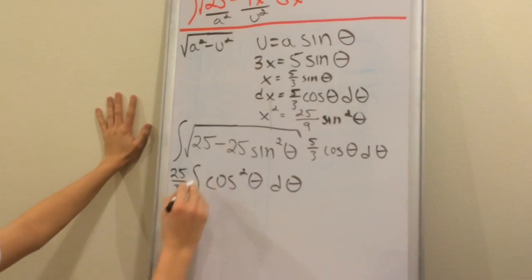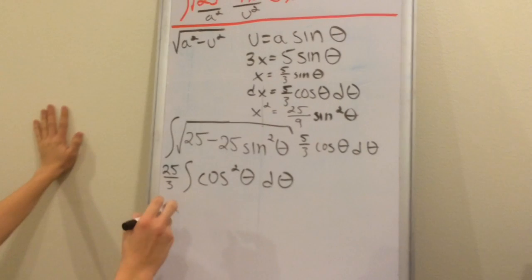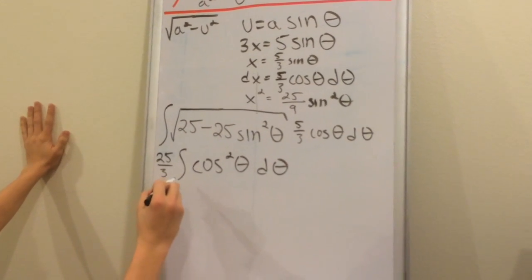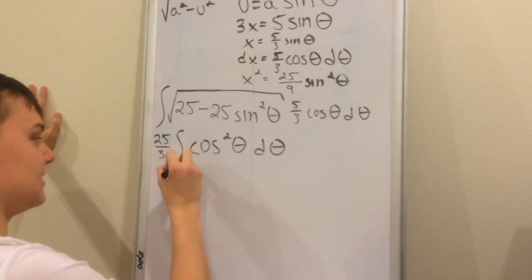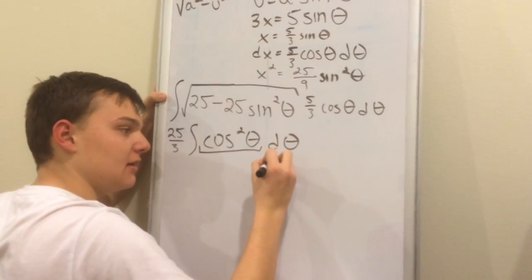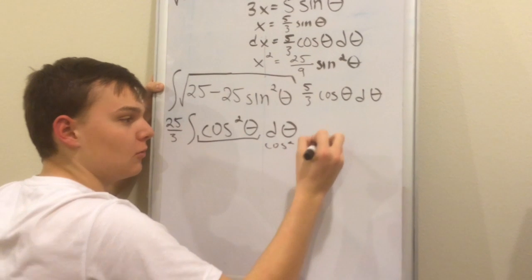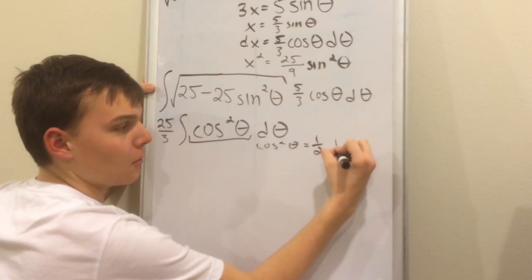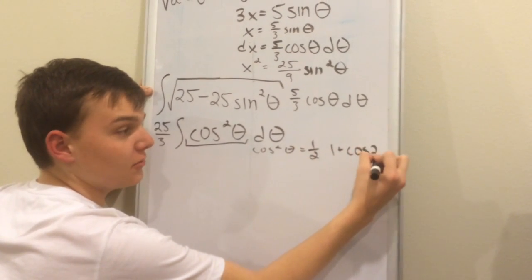From there, we recognize this and realize cosine squared theta equals 1/2 times 1 plus cosine 2 theta.